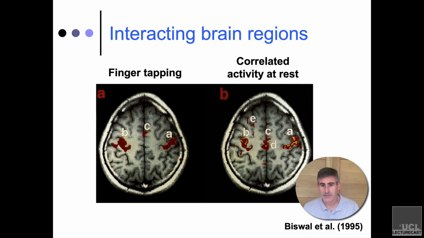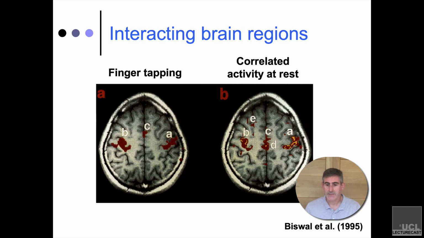So the system that you see in A on the left of the screen, when people are actually doing a finger tapping task, is recreated in its entirety when people are just at rest. So it's not as strong, the activation, but what you find is that those parts of the brain that tend to be coactive, those parts that work together, also tend to be coactive when they're not doing anything in particular, right? So when they're at rest.